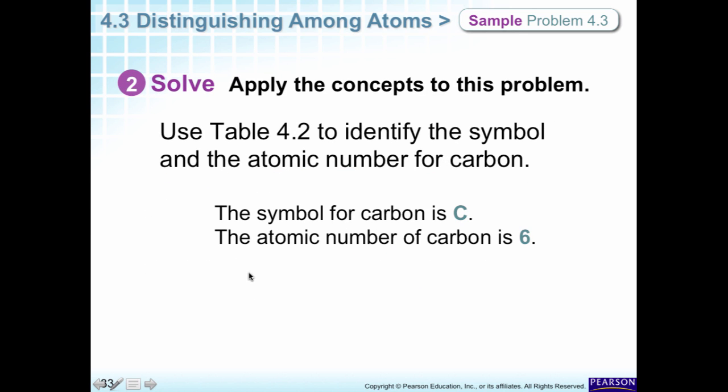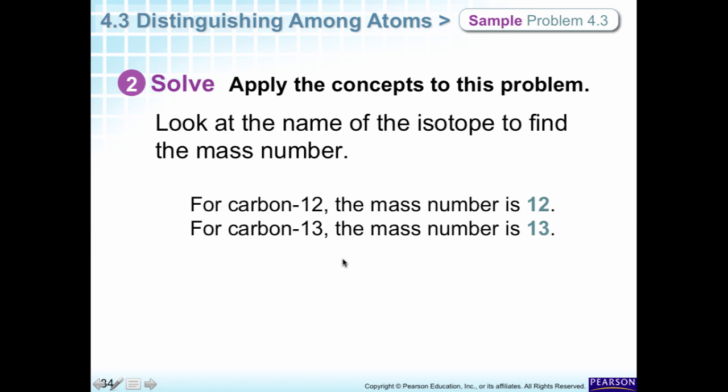So if we go back to the table previously, we'll see the symbol of carbon is C, and its atomic number is 6. So we are going to have a C, and we're going to have a 6 in the subscript so far. So let's write down what it's going to look like so far. Both of these are going to look like this to start with.